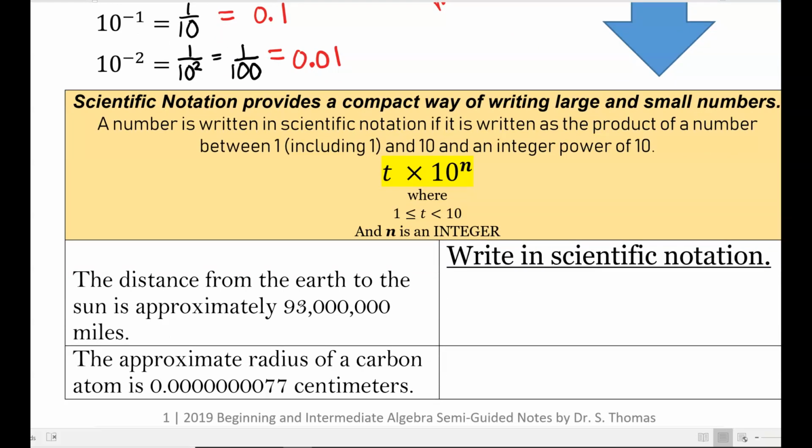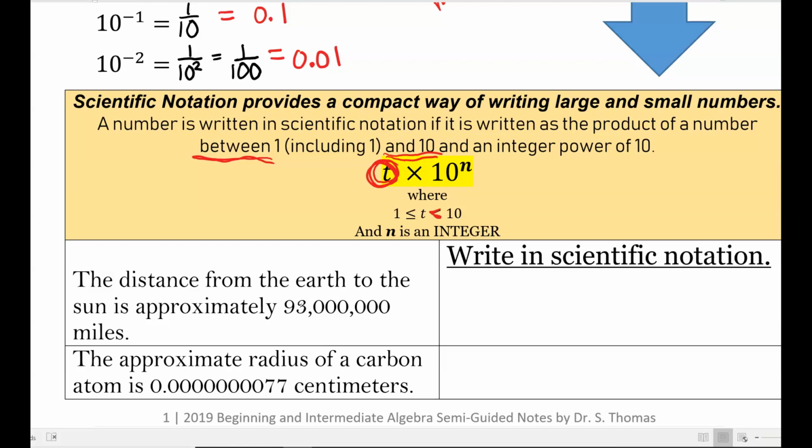A number is written in scientific notation if it is written as the product of a number between 1, which can include 1, and 10. So this number right here has to be between 1 and 10. It can include 1, but it has to be less than 10.